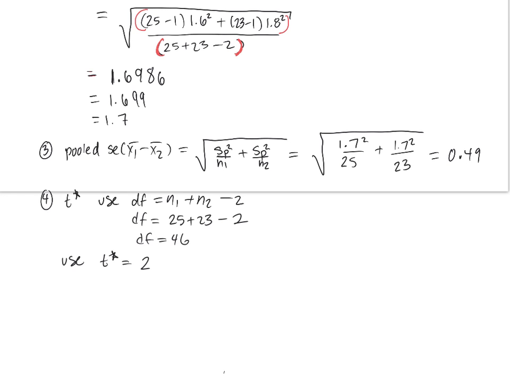Yeah, but you could have also gone with half of between 40 and 50 and used 2.01, but the point is you're bigger than 30, so go ahead and just use 2. And so then the confidence interval is 3.6 plus or minus 0.49 times 2, which is 3.6 plus or minus what, 0.98? Or 2.62 to 4.58.